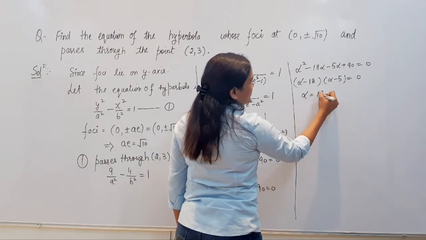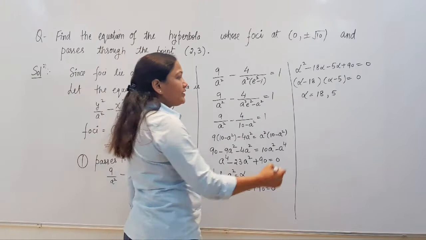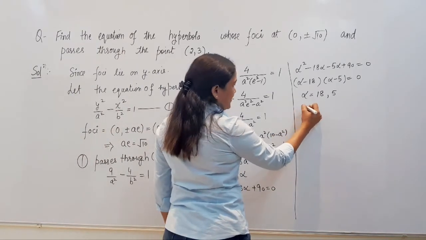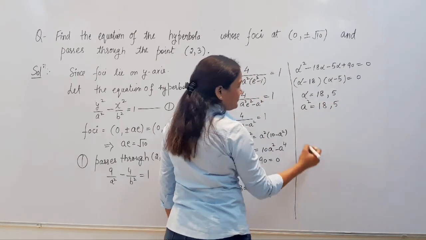So alpha will be equal to 18 or 5. What is alpha? Alpha is a square. A square is equal to 18 or 5.